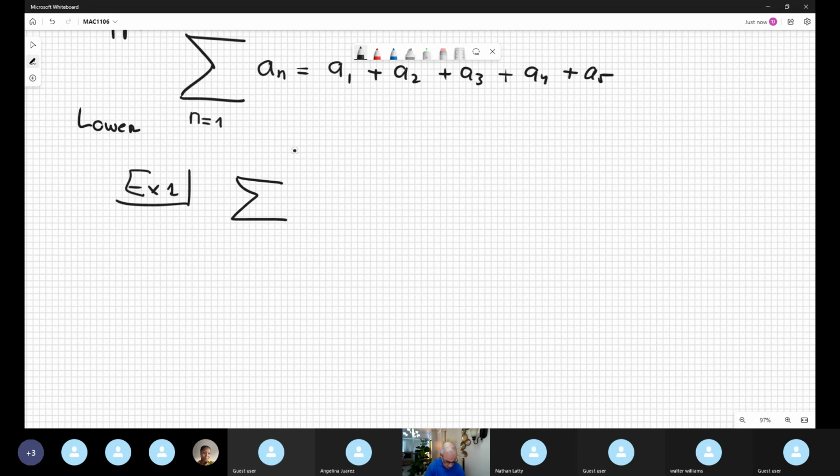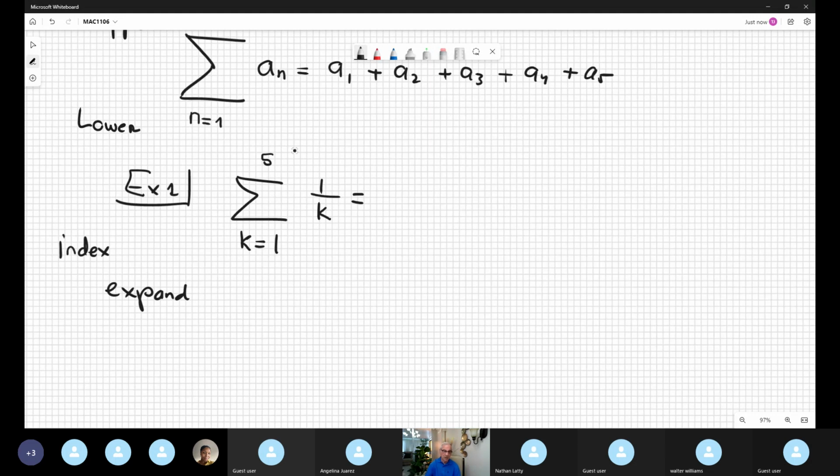Summation notation from k, I like k so much as an index variable of the summation, index variable from 1 to 5 of the sequence 1 over k. Expand this. So this is the condensed way, and you expand.